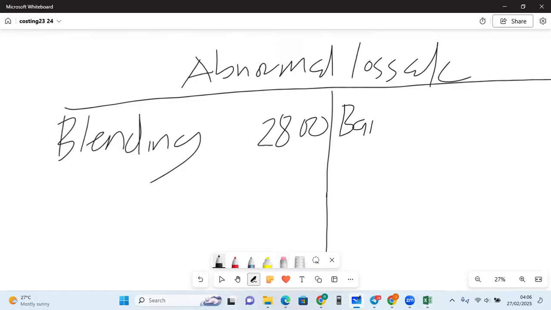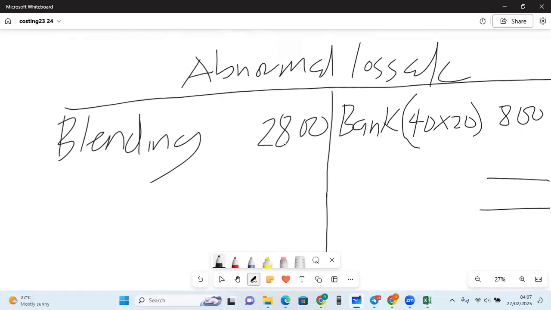What is going to happen is that even though we had 2,800 as an abnormal loss here, right? We are going to take the scrap value of the normal loss in there. So the scrap value of the normal loss we had in there is going to cater for it. So the abnormal gain was 40 units times the scrap value in there. And so we are going to get it. So after getting the 800, find the difference and then you push it to the profit or loss account.